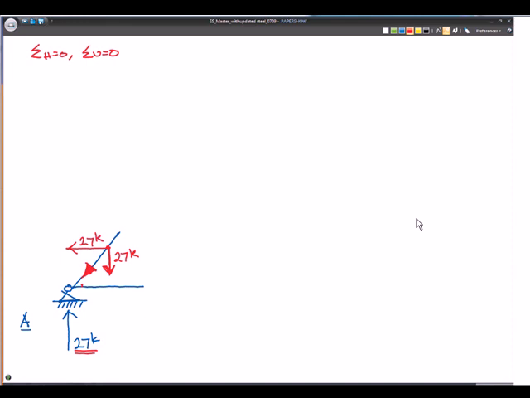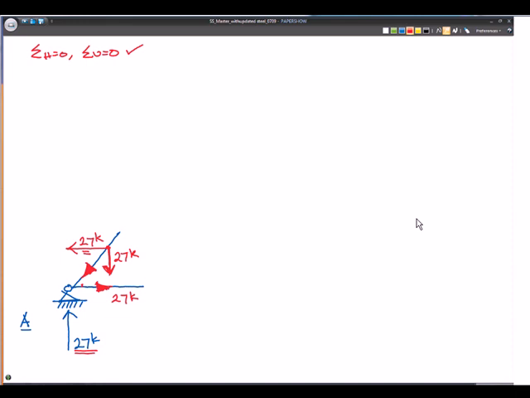We've done the sum of the verticals equal to 0, so we can check that off. What about the sum of the horizontals equal to 0? Now we've got 27 kips to the left, so we need 27 kips to the right, and the horizontal member, member AB, can give us that. Now let's look at what these arrows are doing.